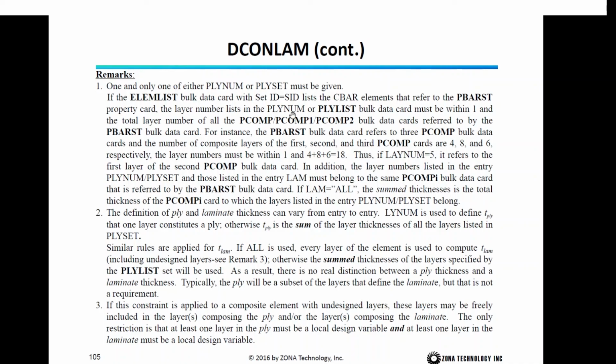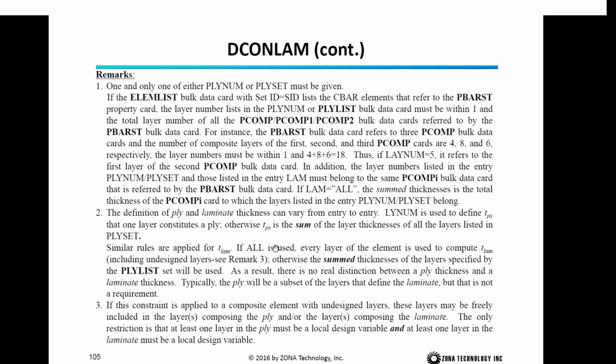If you define, say, the ply number equal to 5, it refers to the first layer of the second PCON card. In addition, the layer numbers listed in the ply number or ply set entry must belong to the same PCON card.